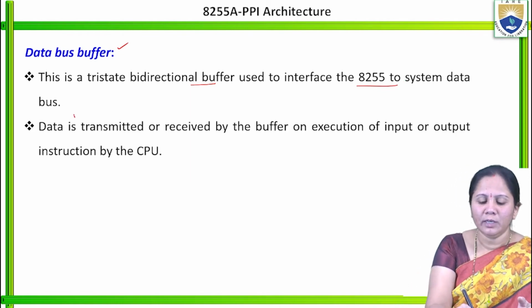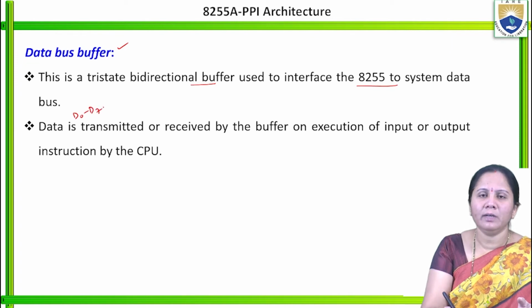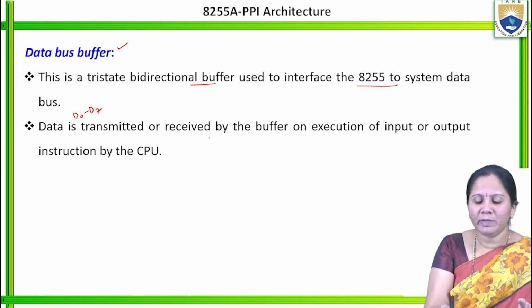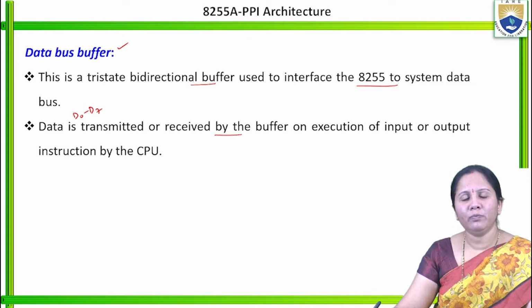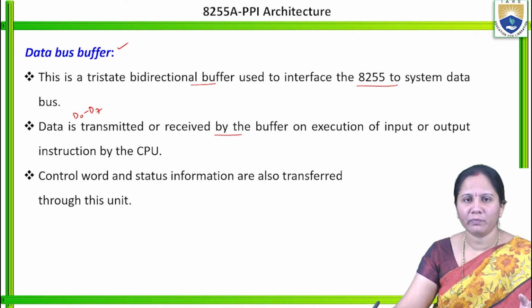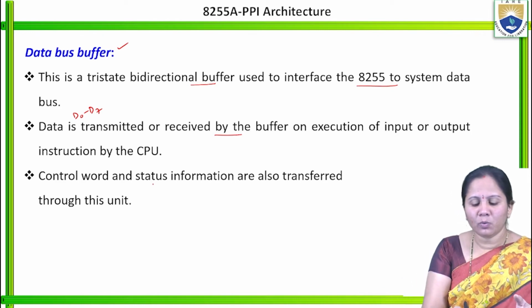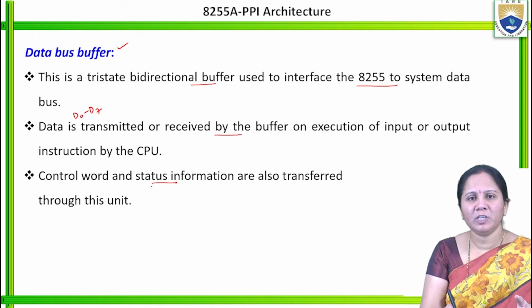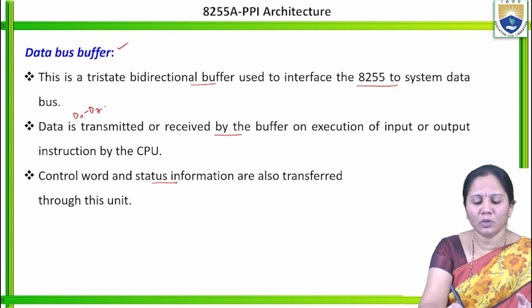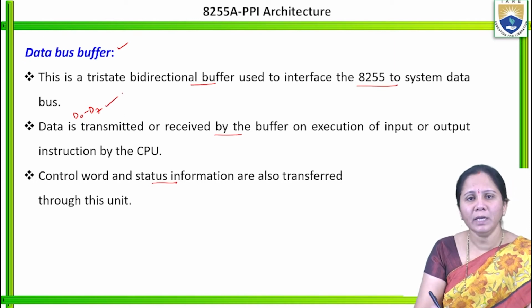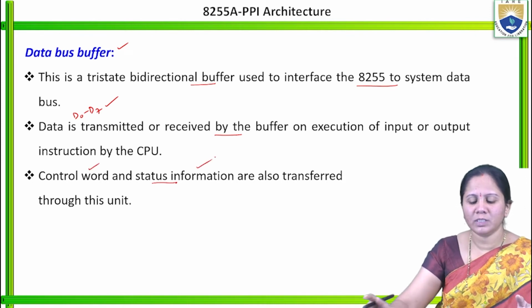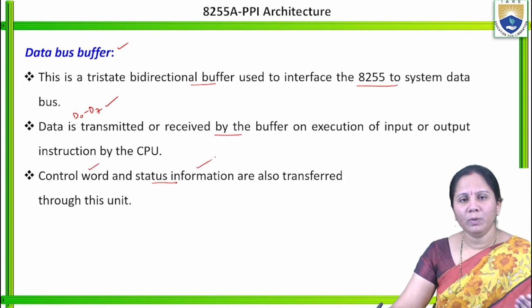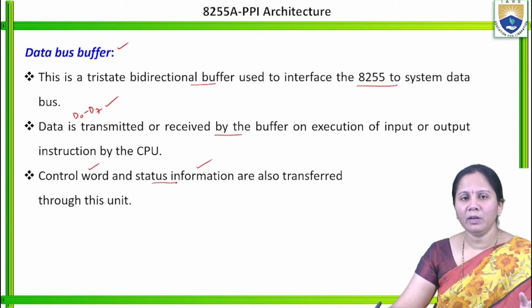Using D0 to D7 data lines, data will be transmitted or received from 8255 to microprocessor, or from microprocessor to 8255. Here control words and status information, using D0 to D7, will be transferred. So that information, either control word or status word, will be transferred through this data bus buffer block only.